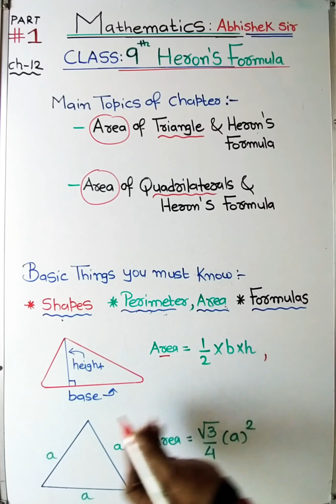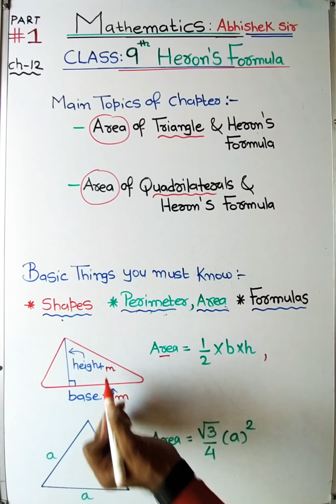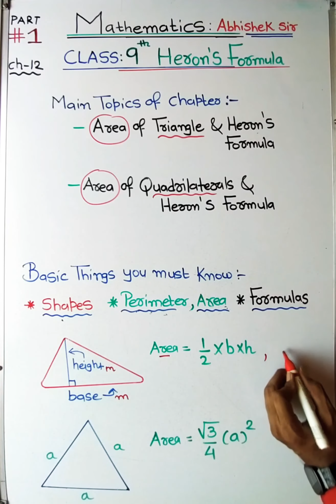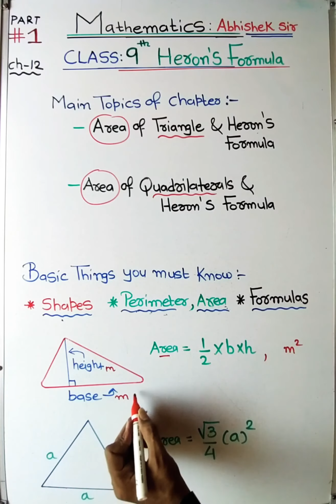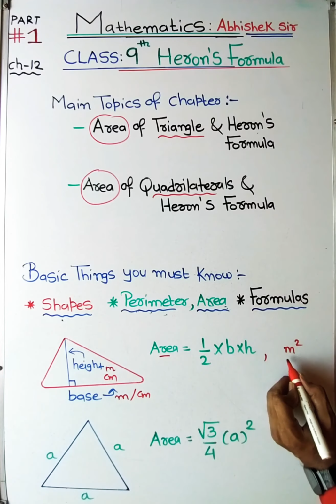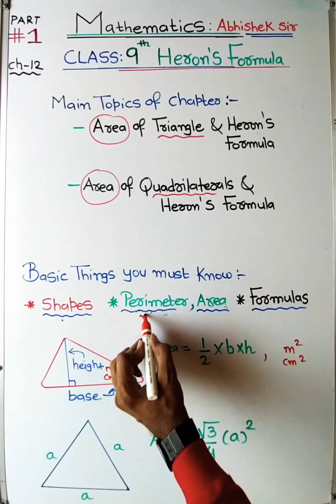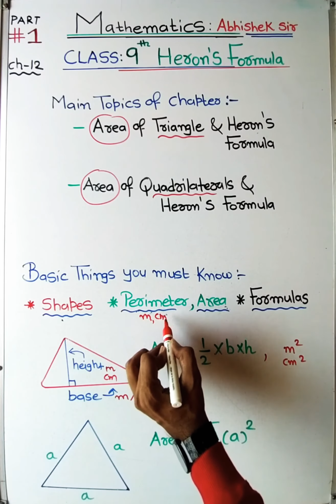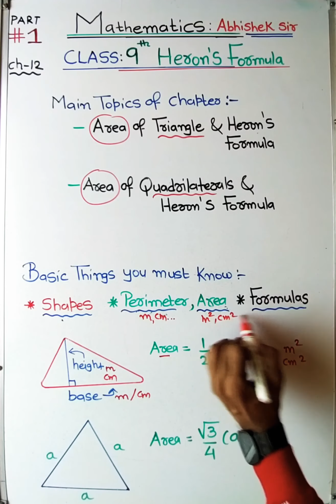So base will be in meter, height will be in meter, then it will be meter into meter, that means meter square. Or if they are in centimeter, the area will become centimeter square. In perimeter it will be meter or centimeter, in area it will be meter square or centimeter square.